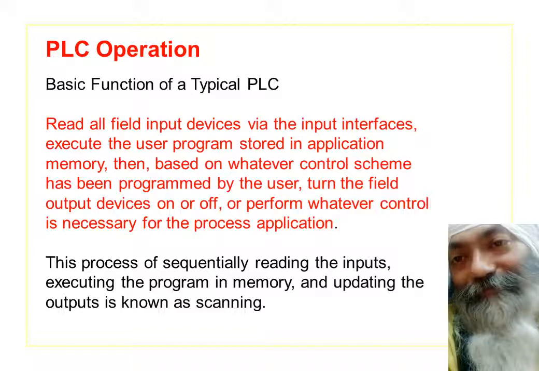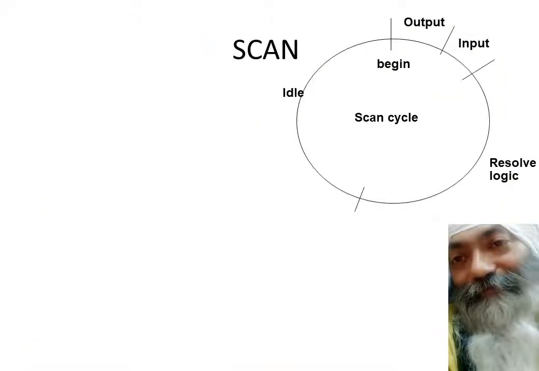We also perform some other operations in between, like diagnostics and so on and so forth. We also keep a certain portion of this scan as idle because we want some time buffering to happen. We may not go into all those fine aspects at this moment, but just to tell you that this entire process is known as scanning.